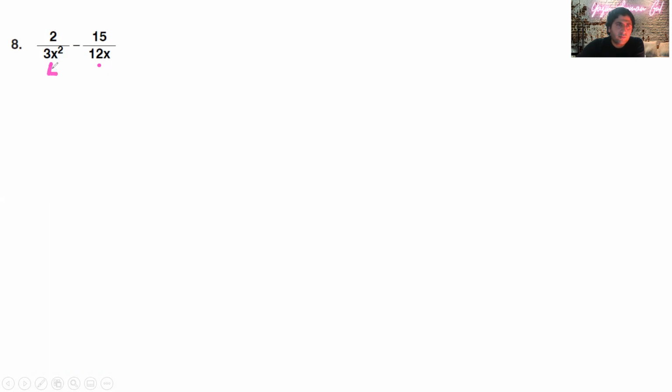I'm not going to try to keep it long. It's basically 4, so on one side I need to multiply by 4, and on the other side by x.